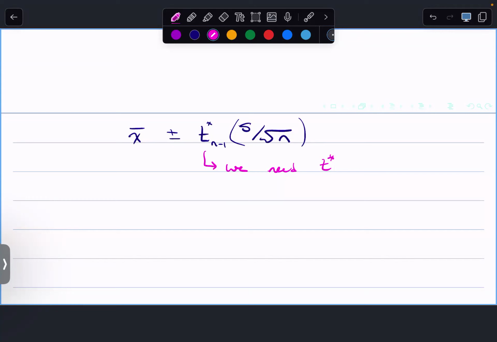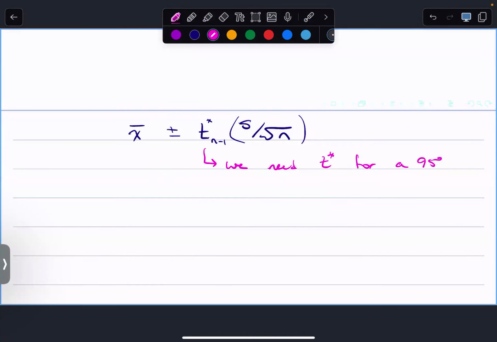And so we need t star for a 95% confidence interval at degrees of freedom equal to n minus 1. I'll do the little calculation here. 75 minus 1 is 74.